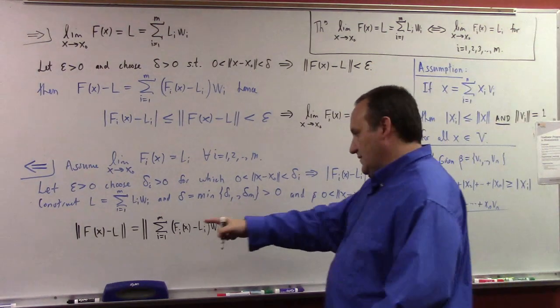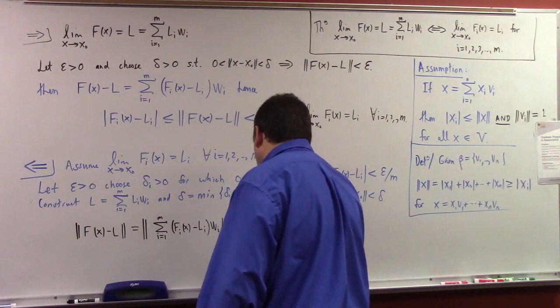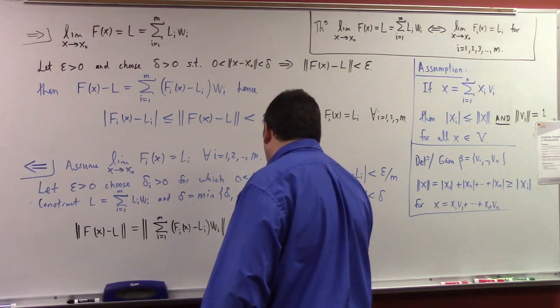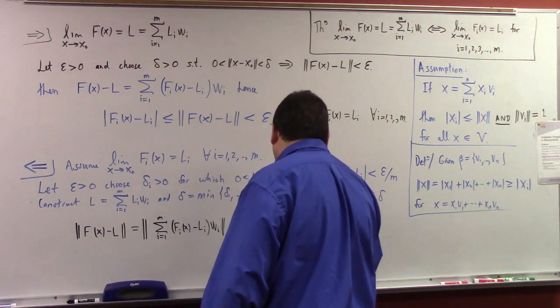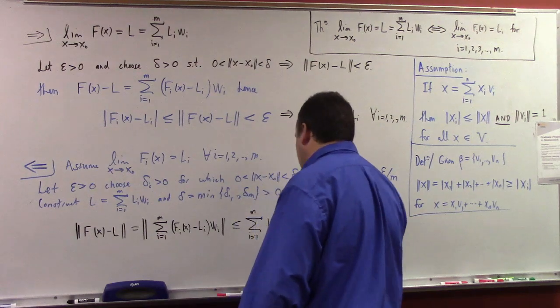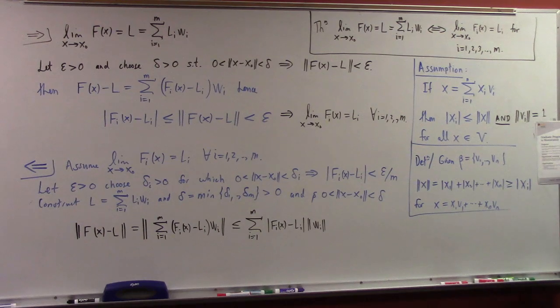So then triangle inequality, right? This is less than or equal to the sum i equals 1 to m of the absolute value of f sub i of x minus L sub i times the norm of Wi. You see, it's not a big deal, but if I wasn't going to operate under the assumption that the norm of the basis was 1, in other words, a normalized basis, I don't really want to say orthonormal because I'm not assuming that there is an inner product here, okay?